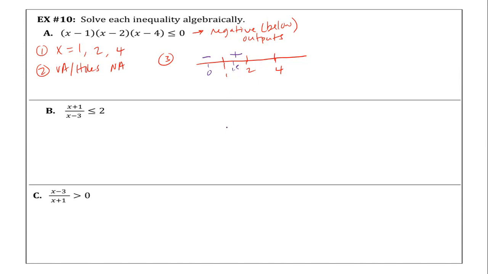All right, here we go. So now we're on to 3. 3 minus 1 is 2, positive, right? 3 minus 2 is 1, still positive, right? 3 minus 4 is negative. So a positive times a negative makes a negative.